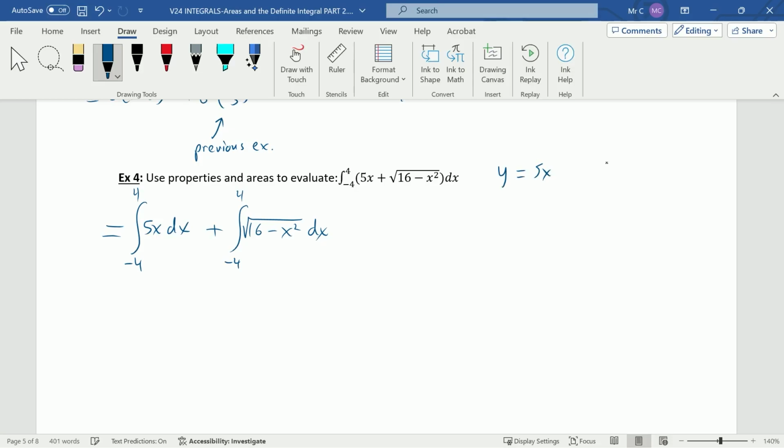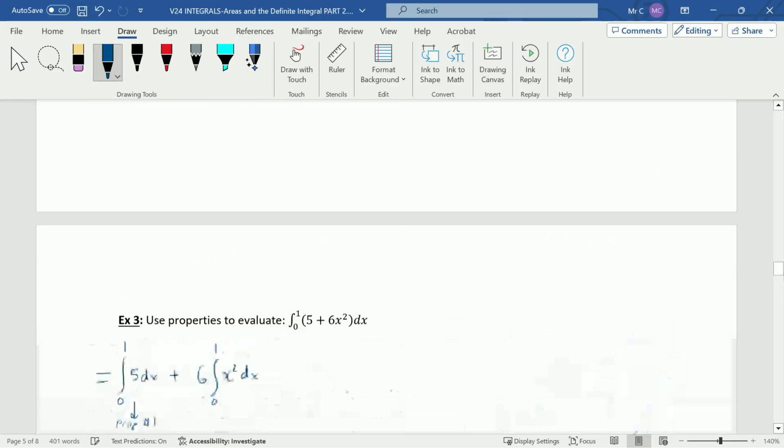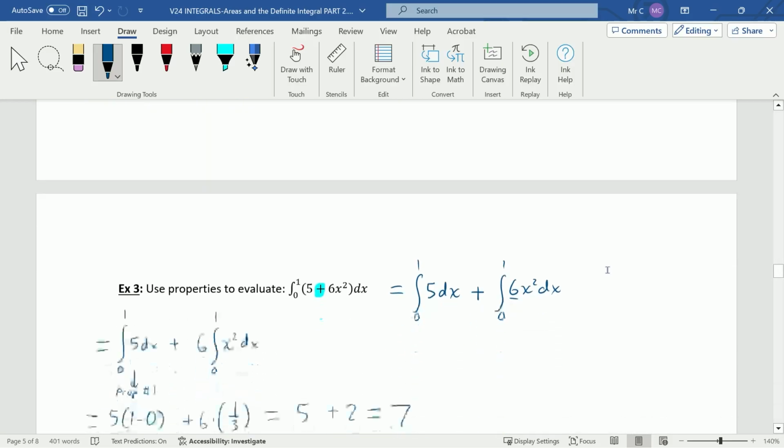If we look at y equals 5x, and yes, we have seen these ones before, but now we're combining two of them together. Okay, from -4 to 4, the y value will be 20 up here, -20 here, and we get this area 1 and this area 2, and we know they're symmetric already, right?